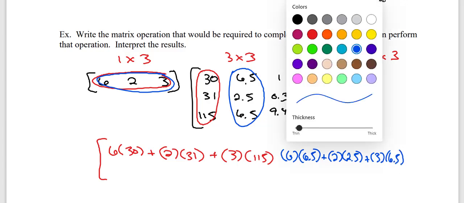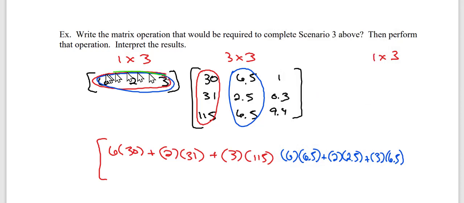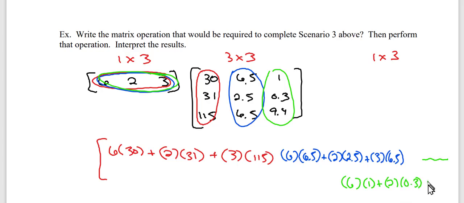And then last is that same row by this column. I'm out of room here, but it should be in this space: 6 times 1 plus 2 times 0.3 plus 3 times 9.4.